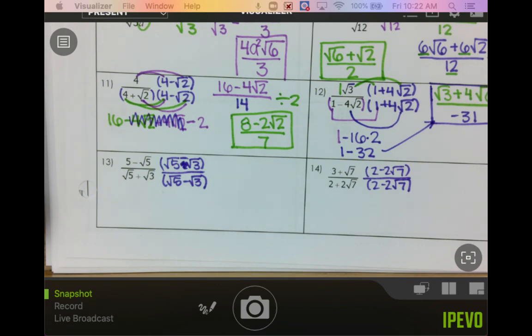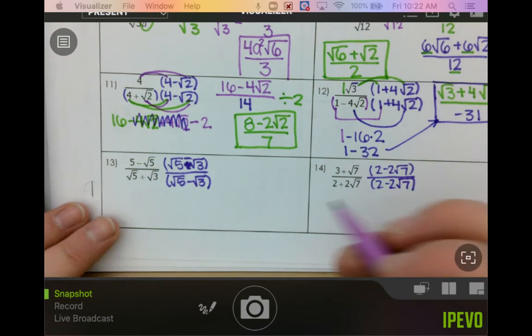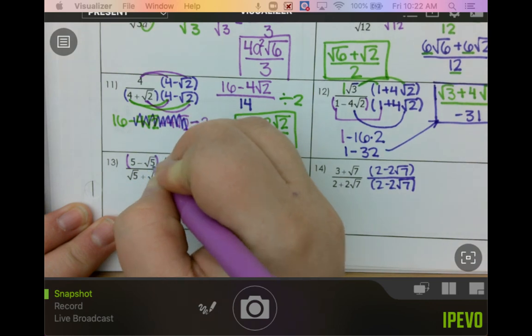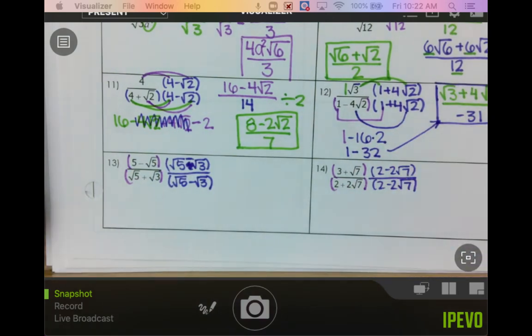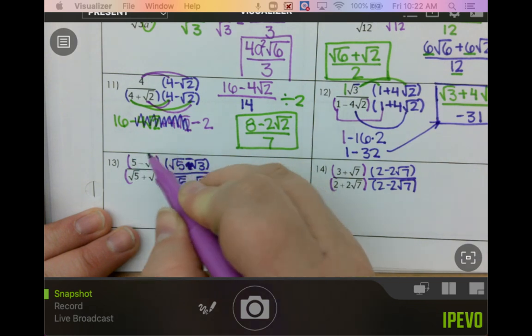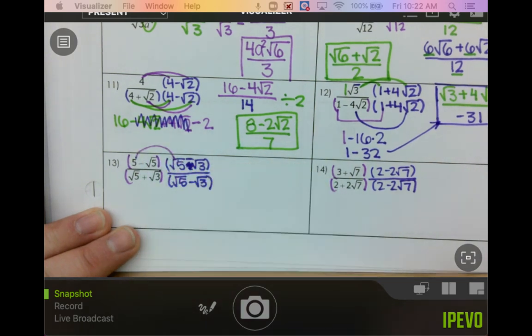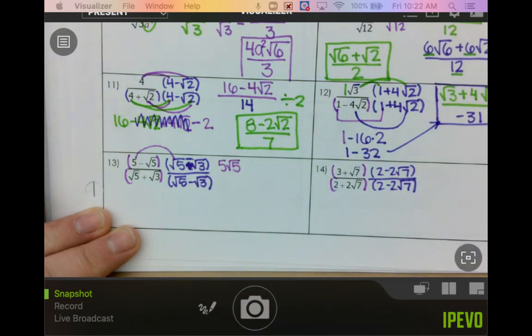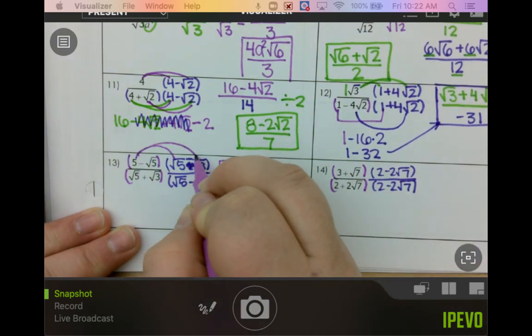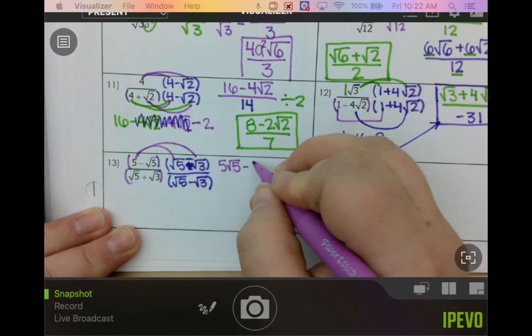On number 13 and 14, put these in parentheses before you get started so you don't get too confused. And I'm going to multiply the top part first. 5 times the square root of 5 is 5 square root of 5. 5 times negative square root of 3 is negative 5 square root of 3.